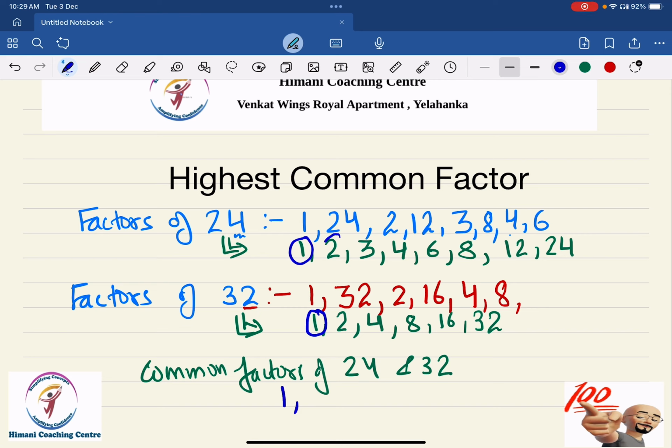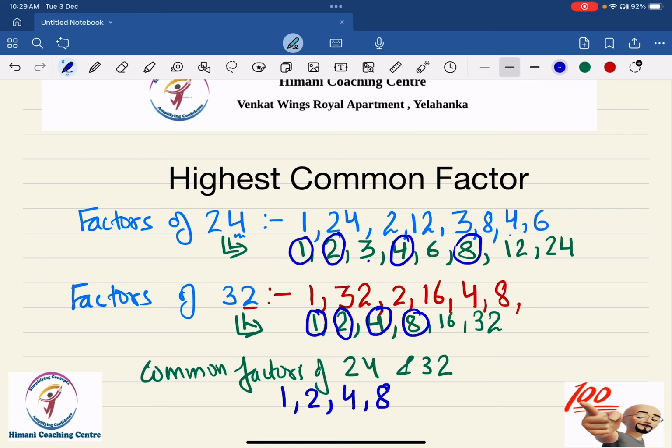Then is 2 there as a factor in both? Yes, so let us write that down. Then 3 is not in both, but 4 is there in both, so we write 4. Then 8 is there in both. These are the common factors of 24 and 32.